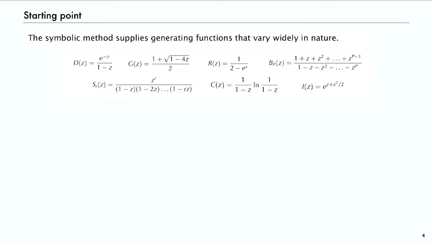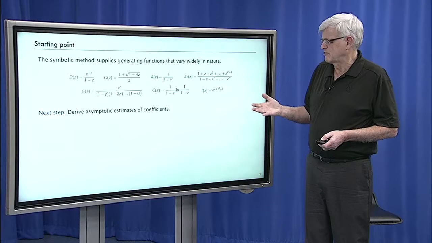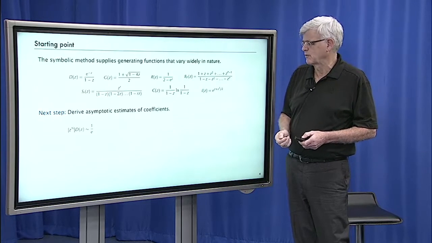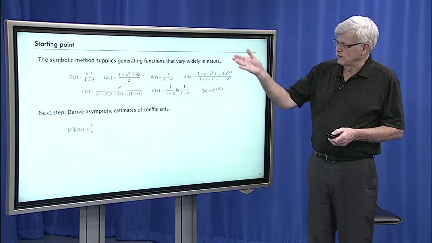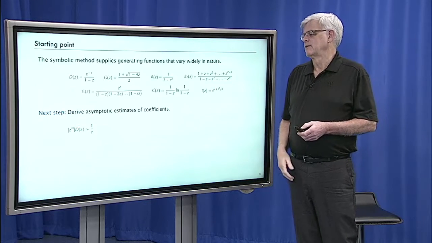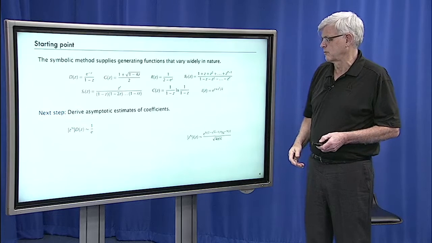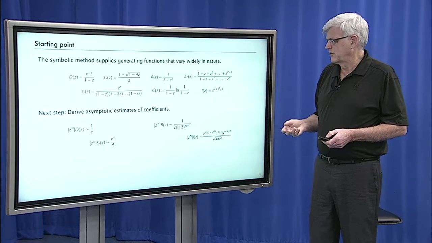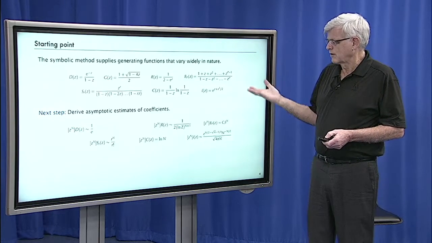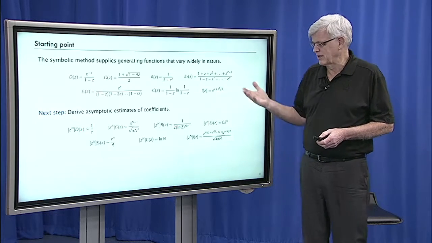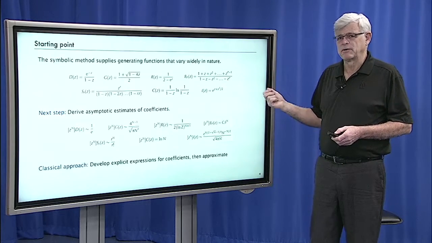But still, our goal is to get asymptotic estimates of the coefficients out. So we want to know that the probability that a permutation is a derangement is about 1 over e, and so forth. And we'll see during the second part of the course, for all of these functions, we are able to automatically extract these kinds of asymptotic estimates.